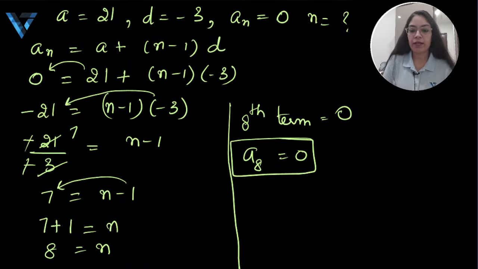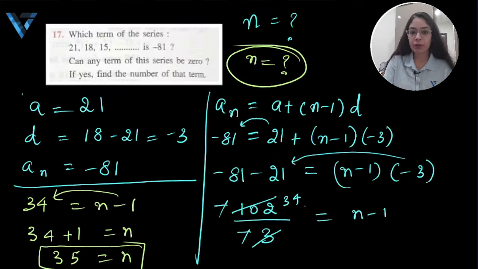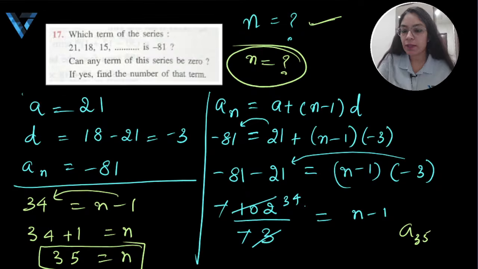So we have already found that the 8th term of the sequence is 0. Is this question clear? In this question, a sequence was given to us. In the first part, we had to find which term is minus 81, so we found the value of n: the 35th term was minus 81.